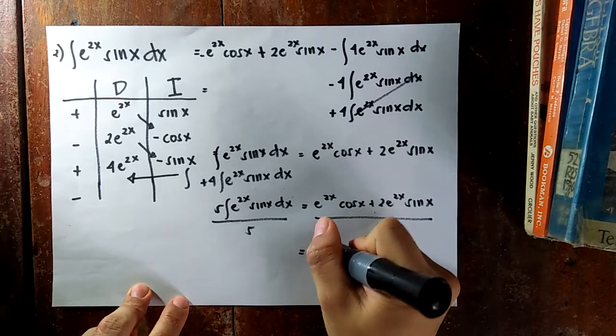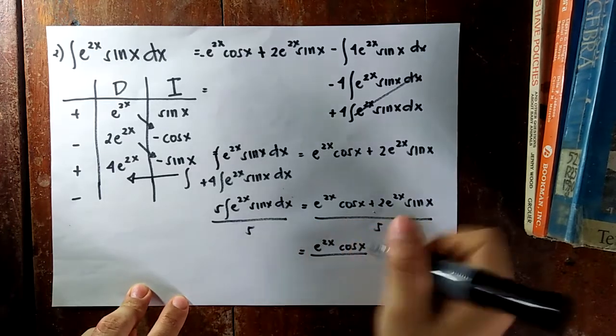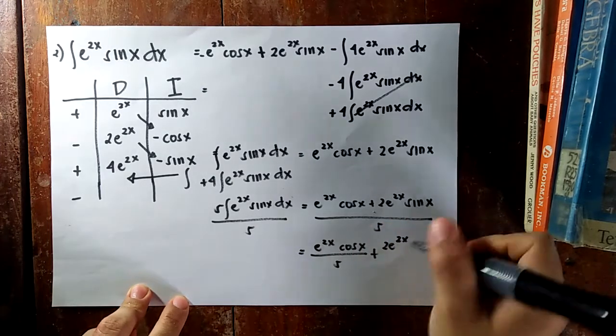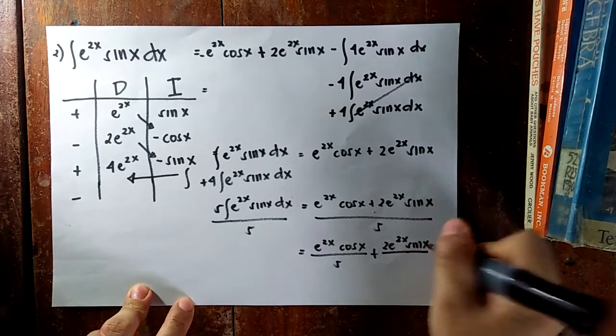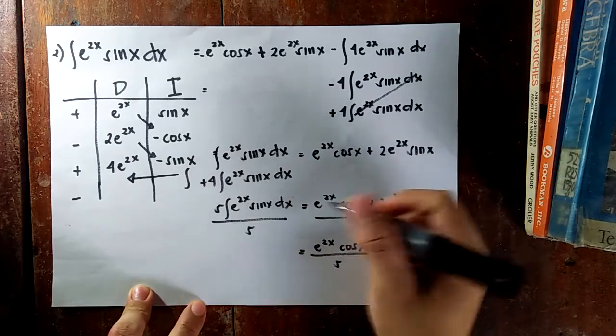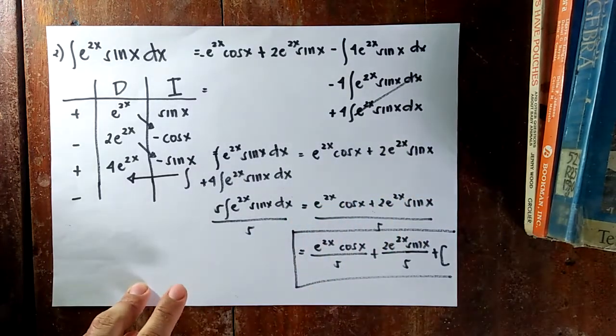The answer would be e^2x cosine x all over 5 plus 2e^2x sine x all over 5 plus c, because we are integrating. So this is the final answer.